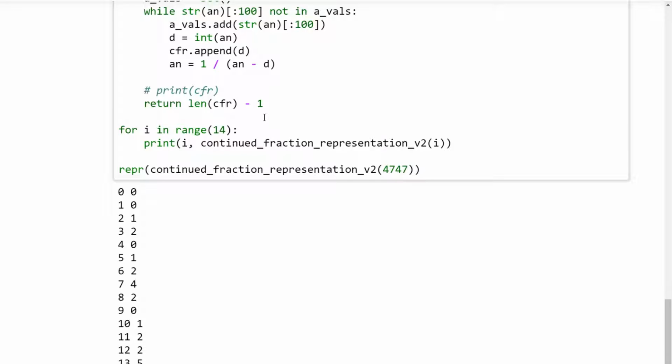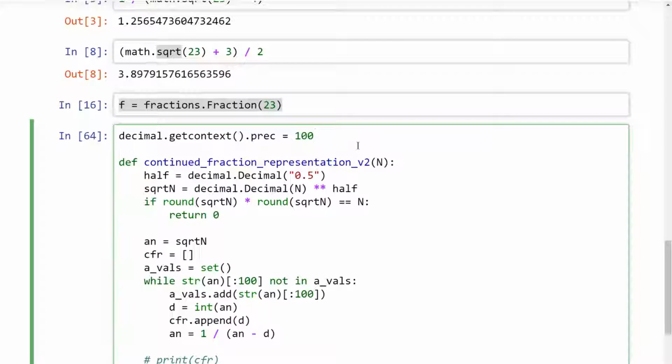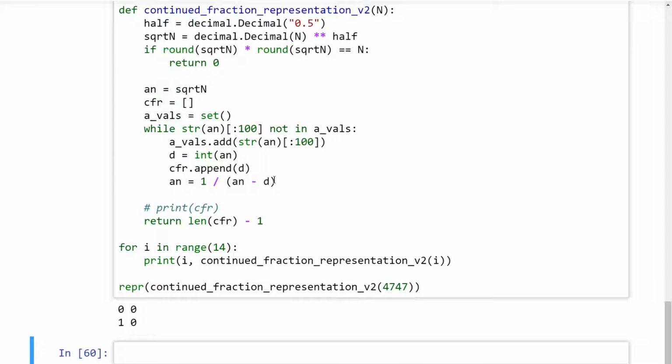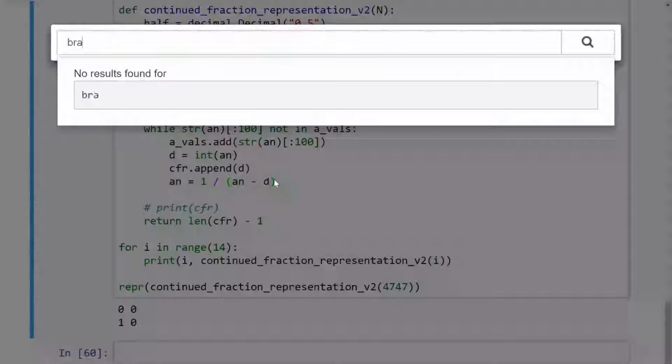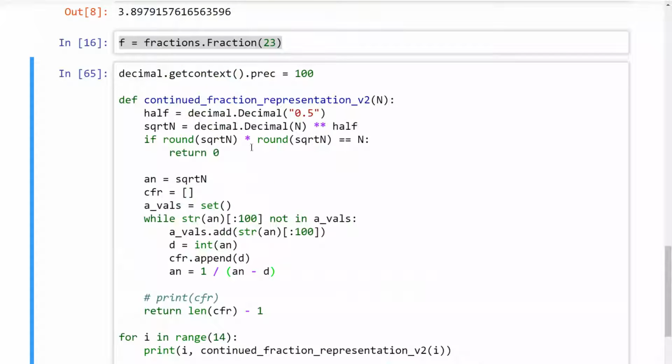Yeah, but it's still slow. So how much does this help? So this forks us, break or interrupt kernel. So this is already breaking at square root 2. Interesting. Oh, right, because of this. Okay, so I think this should be part of the prec.